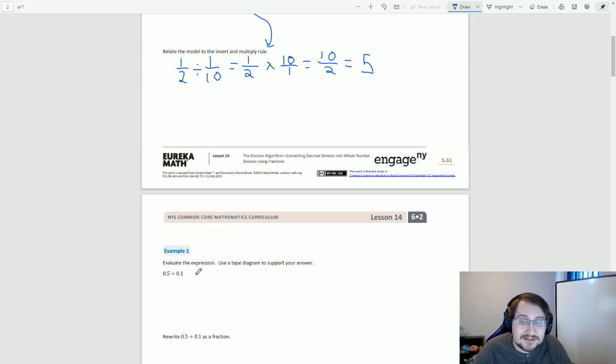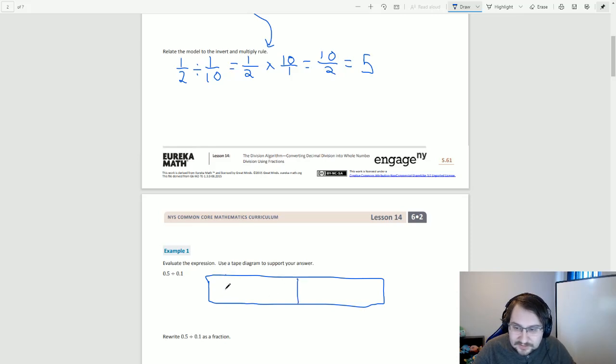And we can once again do this as a partitive diagram, especially since it's asking us for a tape diagram. If I want to do that, I'm going to draw this large shape. I don't know what the whole shape is, but I know that if I split it into 10 parts, one, two, three, four, five, six, 7, 8, 9, 10, I know that one of these parts is going to be equal to 0.5.